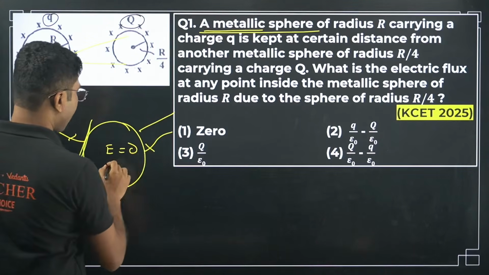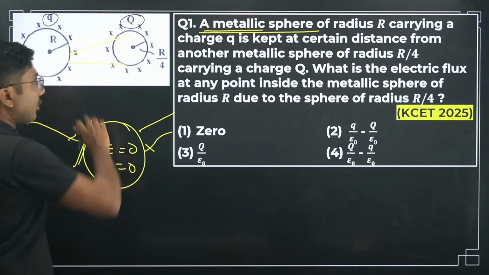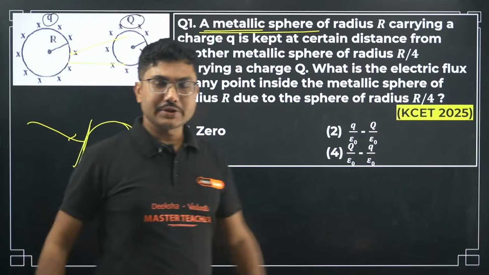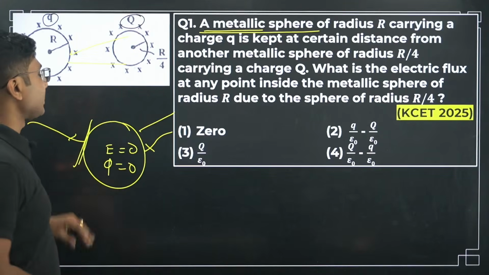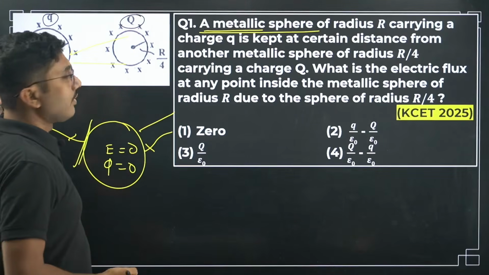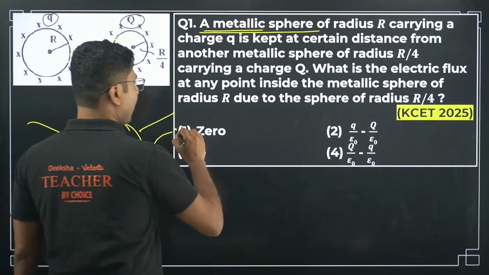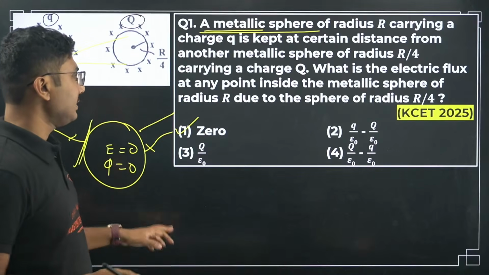Inside the sphere the flux will always be 0. All the charges will stay on the surface, so no internal flux, no external flux. Whenever there is a metal involved, generally flux is 0 and electric field is 0.